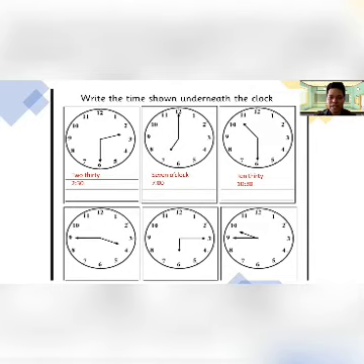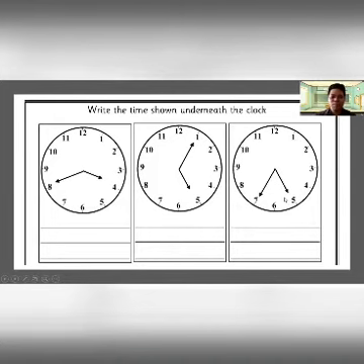How about the fourth one? The time is, okay, very good. So it is 3:45. While the fifth is, okay, very good. It is 6:15. And the last one, okay, very good. It is 9:45.